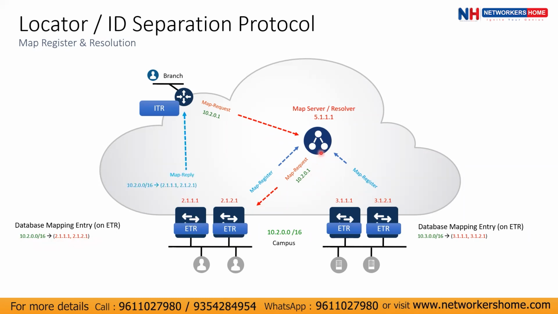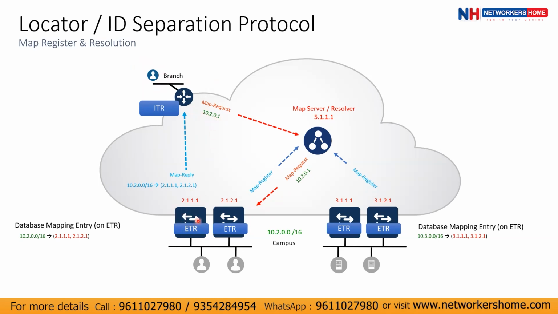So once it has the map request, the map request shows that 10.2.0.1 is trying to reach this particular IP address. I mean, this host is trying to reach this particular IP address.